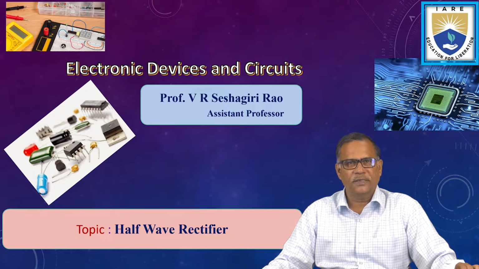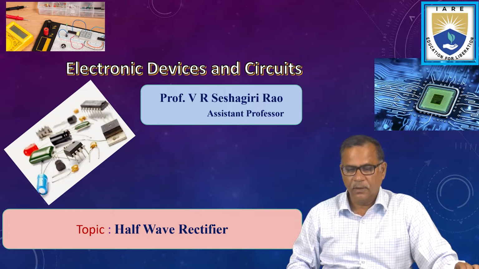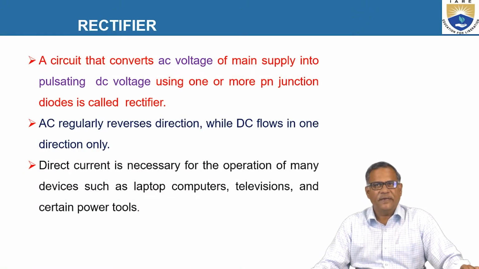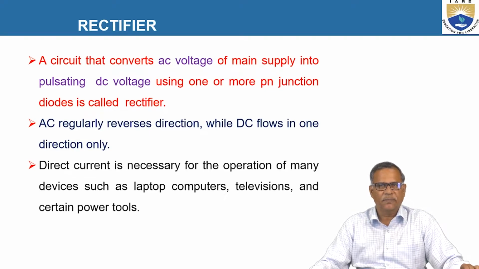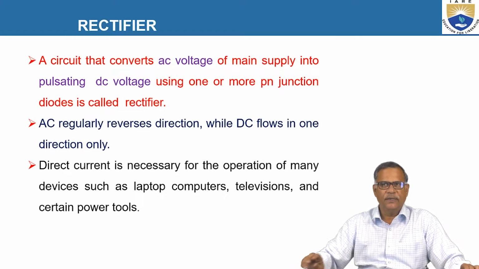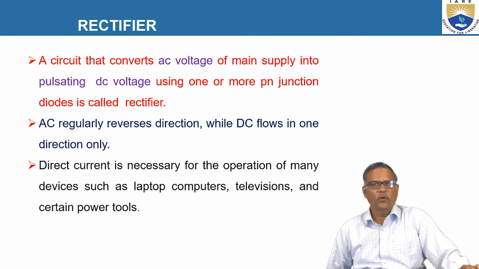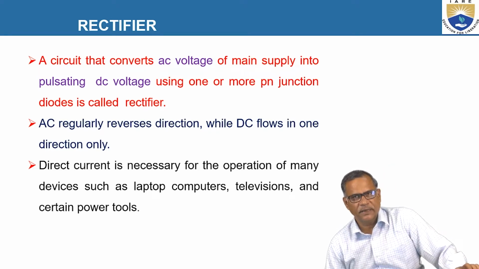Today I am going to discuss about the half-wave rectifier. So what is a rectifier? A circuit that converts AC voltage of main supply into DC voltage using one or more diodes is called the rectifier.